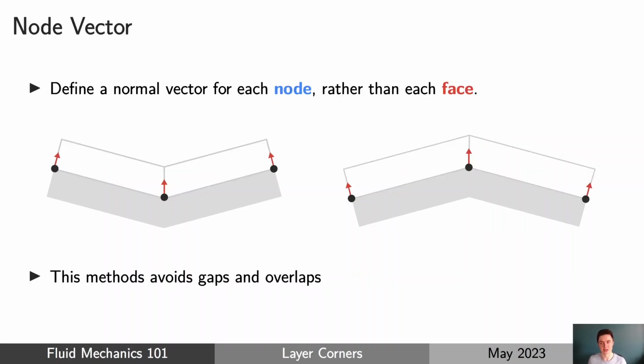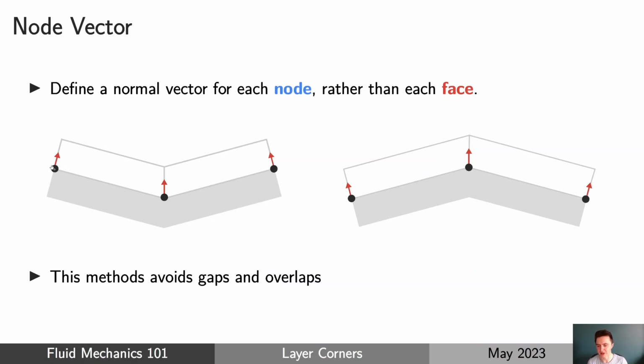Now, a better way to think about how layers are actually generated is, rather than thinking about the face normal vector, the normal vector at the center of the face, what the mesh generator does is define a normal vector for each node. So each of the corners of those square or triangular faces on your surface, we define a normal vector for the nodes.